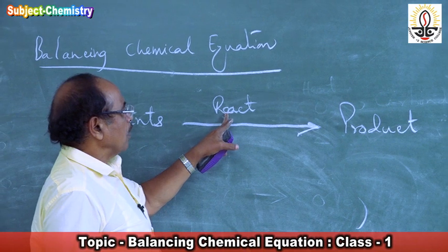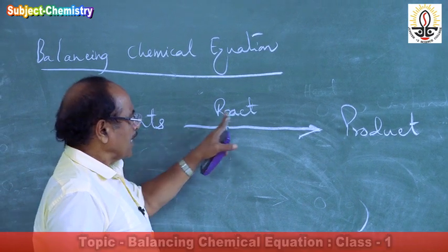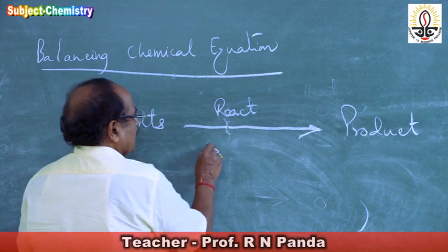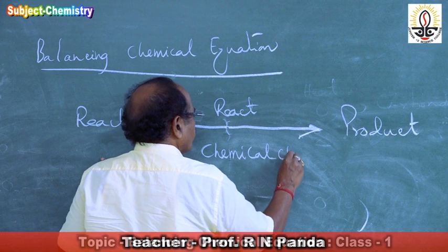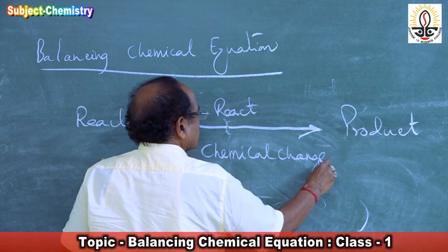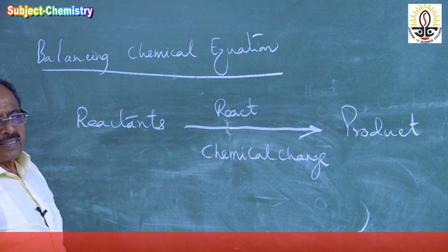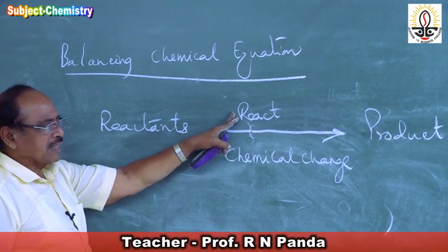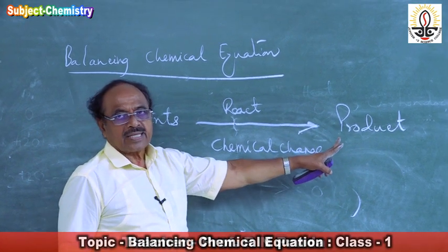They react. So what type of reaction? It is a chemical change. The reactants undergo a chemical change to produce a product.